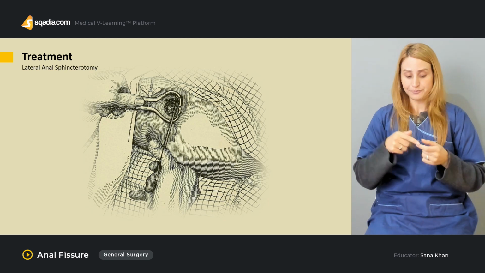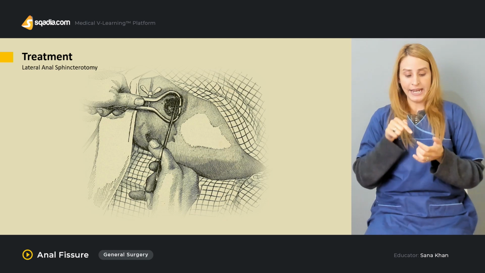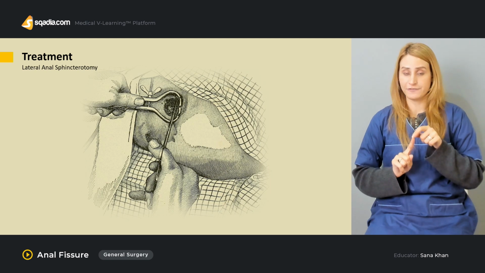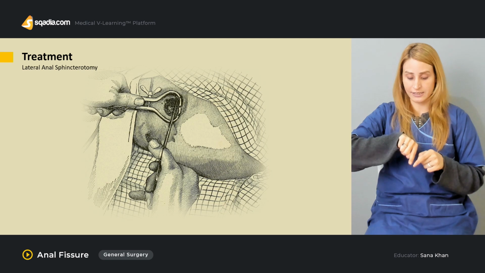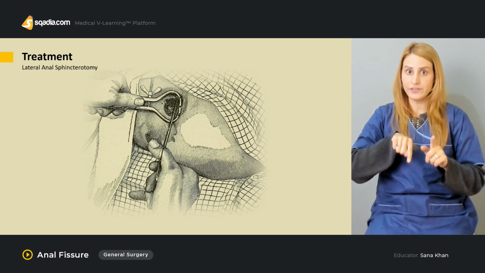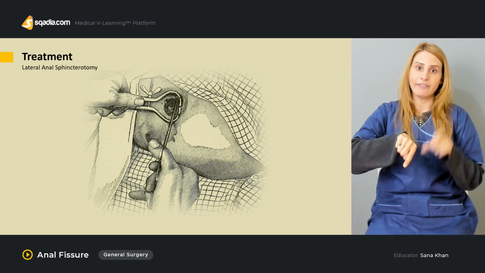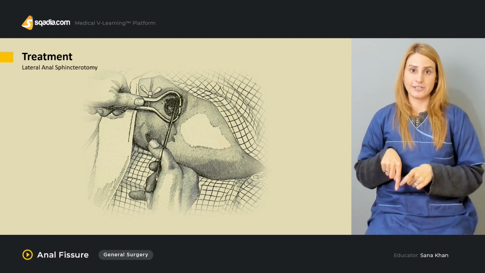Then you take an 11 blade scalpel, introduce the tip of the number 11 blade, and insert it in the intersphincteric groove, that's between the internal anal sphincter and the external anal sphincter.